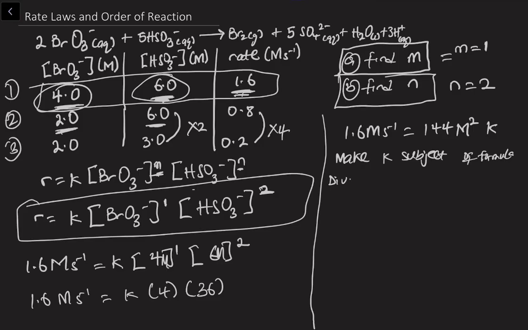You divide both sides by 144 molar square. So 1.6 molar per second over 144 molar square.